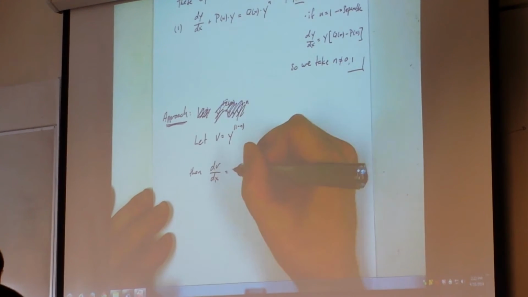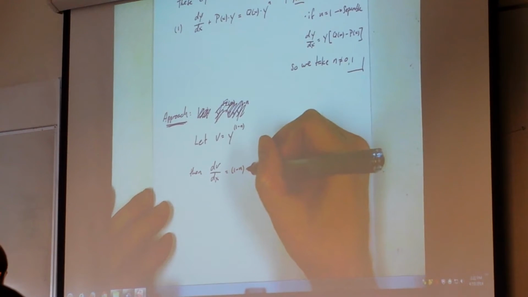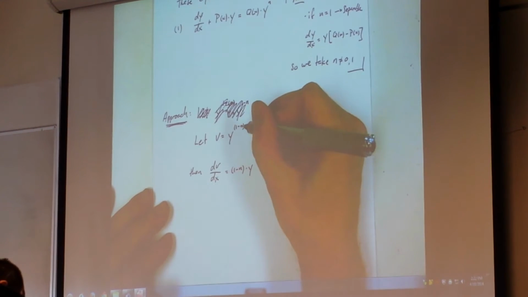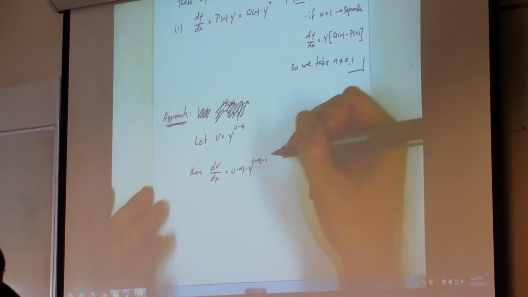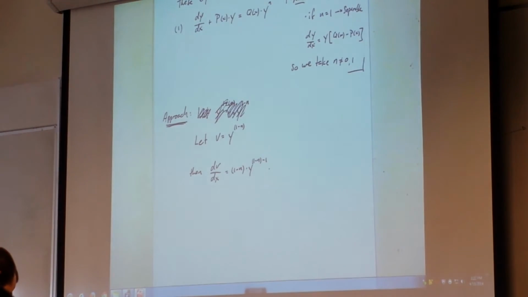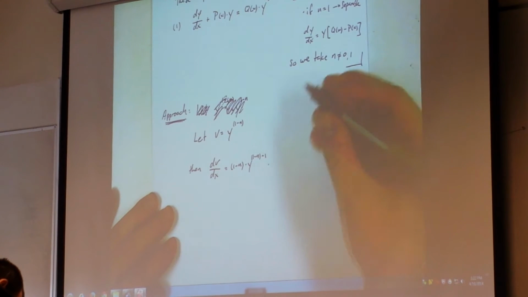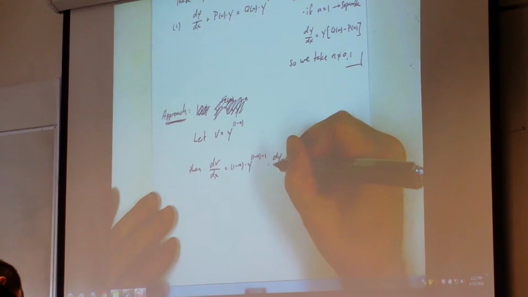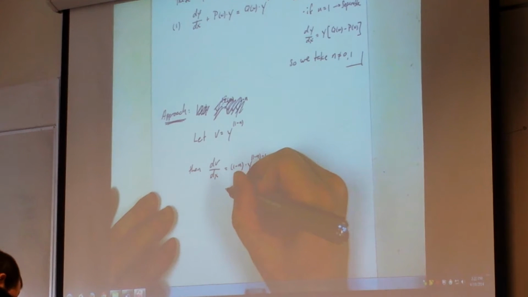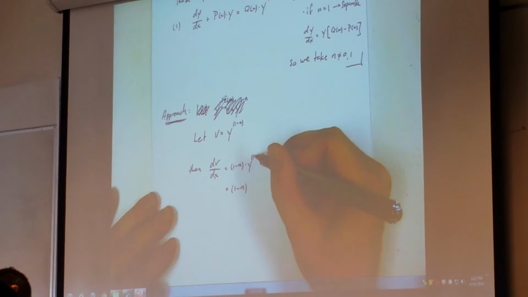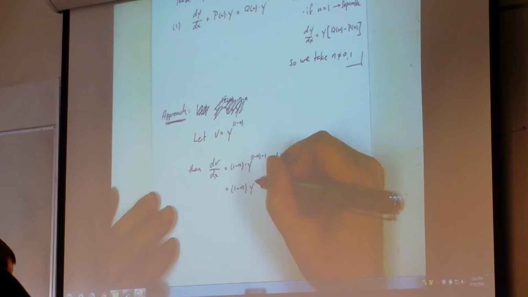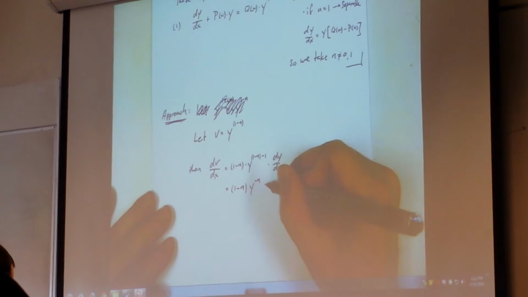The 1 minus n comes down, times y to the 1 minus n, drop that power down by 1: 1 minus n minus 1, times dy/dx. So this would be 1 minus n, and the 1's cancel out. This would be y to the negative n dy/dx.